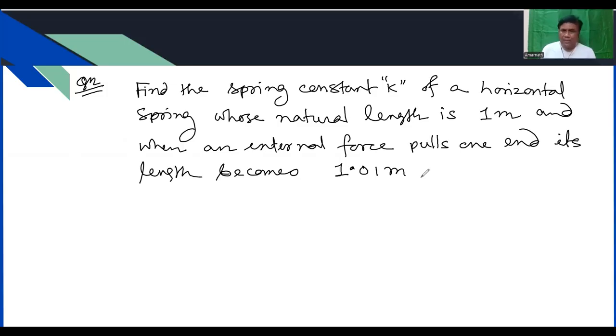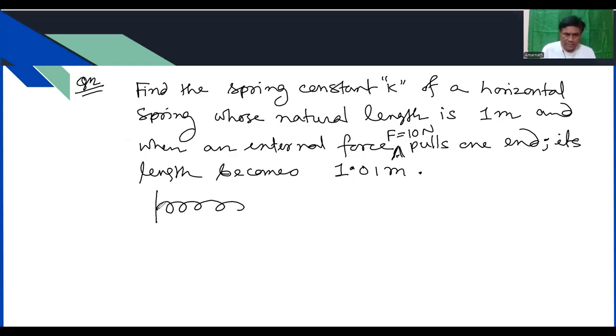When an external force F equal to 10 Newton pulls one of its ends, its length becomes 1.01 meter. That part also you should write. It means the situation is like this.